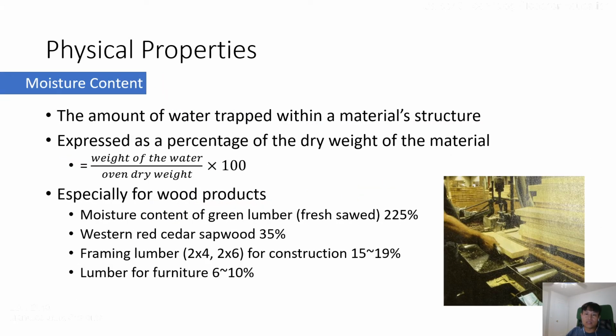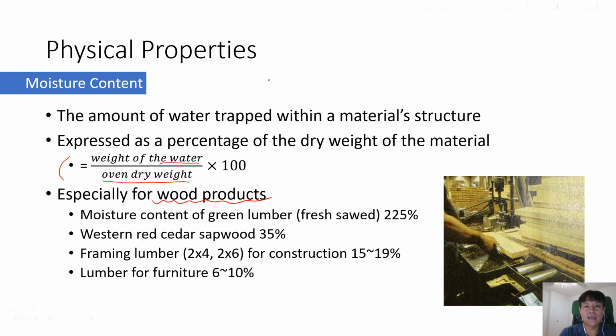And moisture content is also critical, particularly for wood products. Moisture content can be illustrated by this formula: oven dry weight, meaning fully dried weight, and then the weight of water. That is the expression.